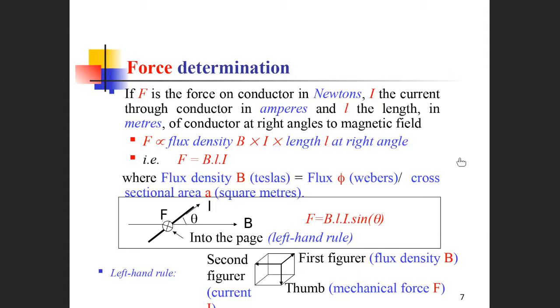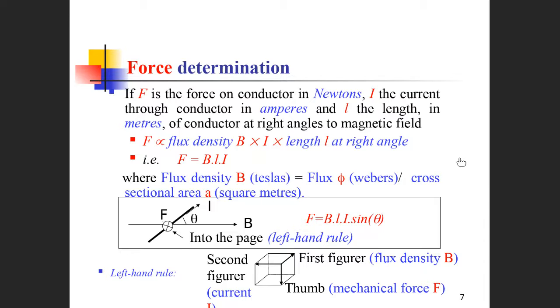Now we just talked about how to produce a magnetic field and the magnetic field directions, the right hand screw rule. Now we're talking about the magnetic force. Magnetic force is converted into mechanical force, because we usually use conductors carrying currents to produce a magnetic field.